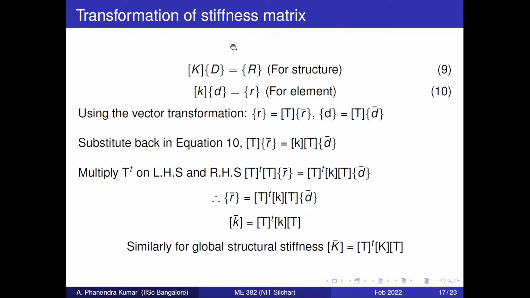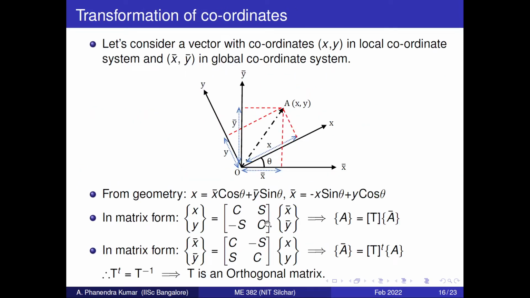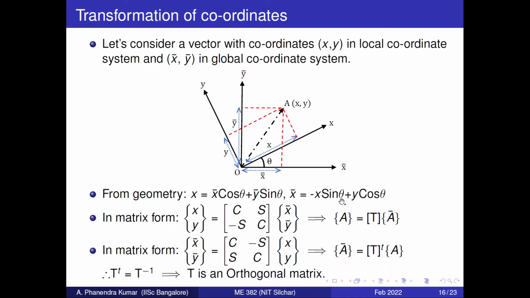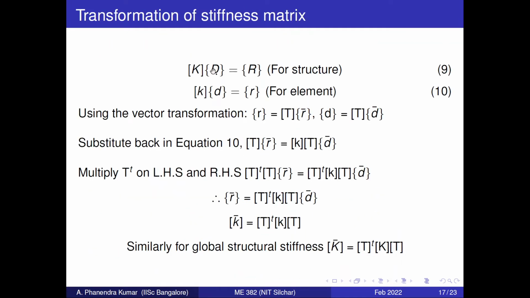Let's see how the transformation can be applied here for our finite element formulation. We have seen for a general vector how the formulation happens. Now we will see how we can include that for our finite element formulation. Here, displacement and force values are also vectors. Only stiffness is the matrix, but these two are vectors. So that is a vector transformation.